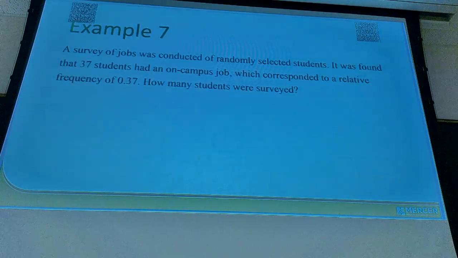Survey jobs conducted. Found 37 students had an on-campus job, which corresponded to a relative frequency of 0.37. How many students were surveyed? 37 divided by 100 is 0.37.